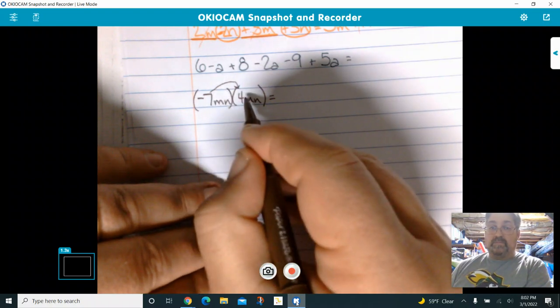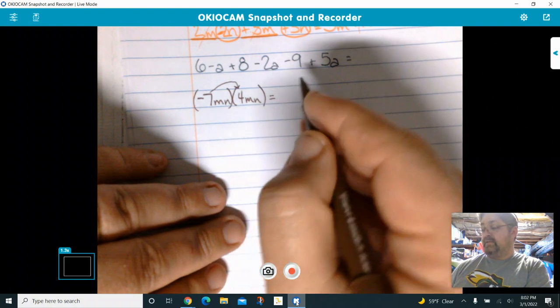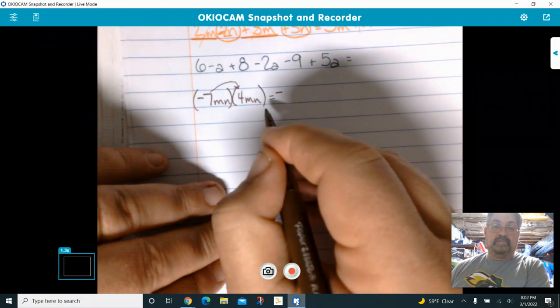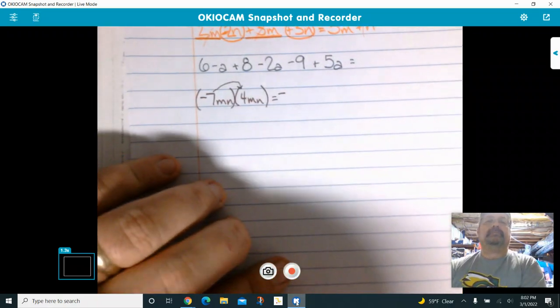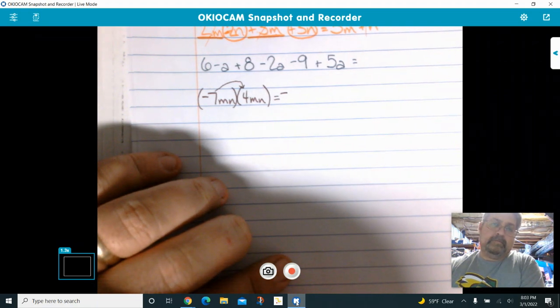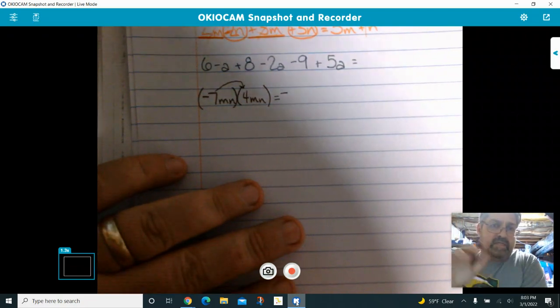A negative number times a positive number. Negative times positive is negative. So I'm going to put down my negative sign right there. What is 7 times 4? Somebody grab your timetable chart. Don't shout it out. Let everybody else get their stuff.